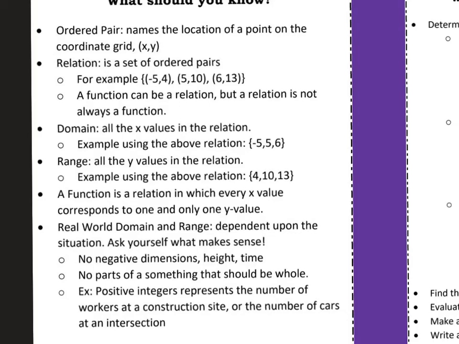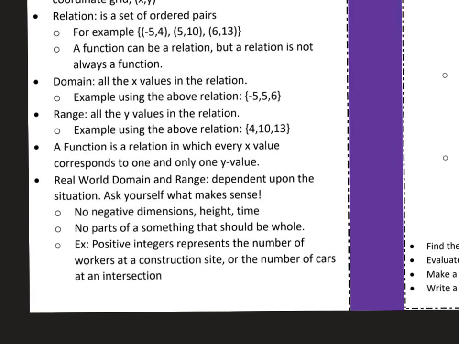When we do have a function, we have specific elements called domain and range, right? This is going to be really important. I'm actually going to do a more in-depth lesson about this later on, but because this is just review right now, we're just going to quickly go over them, right? So domain is all the x values in a relation or in a function, and range is all the y values in your relation, right?